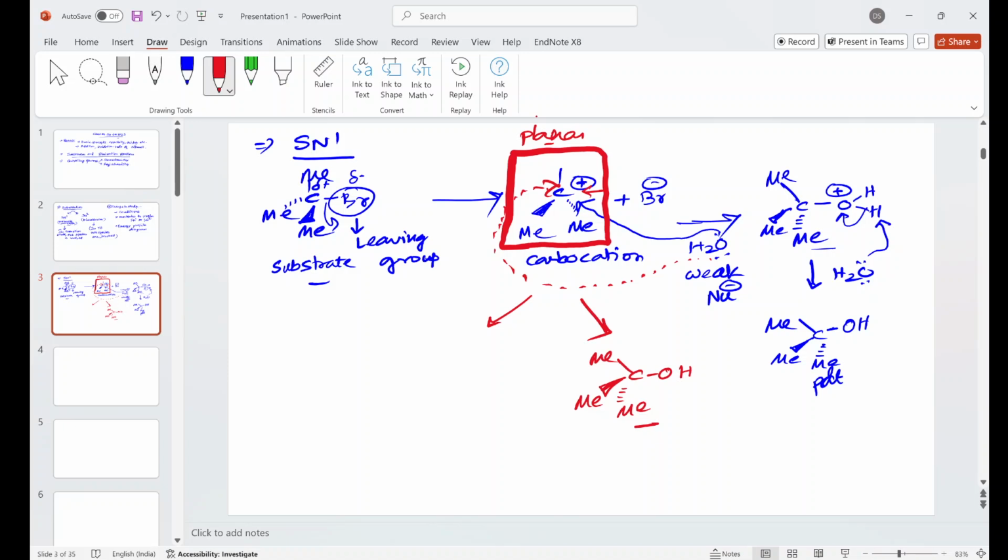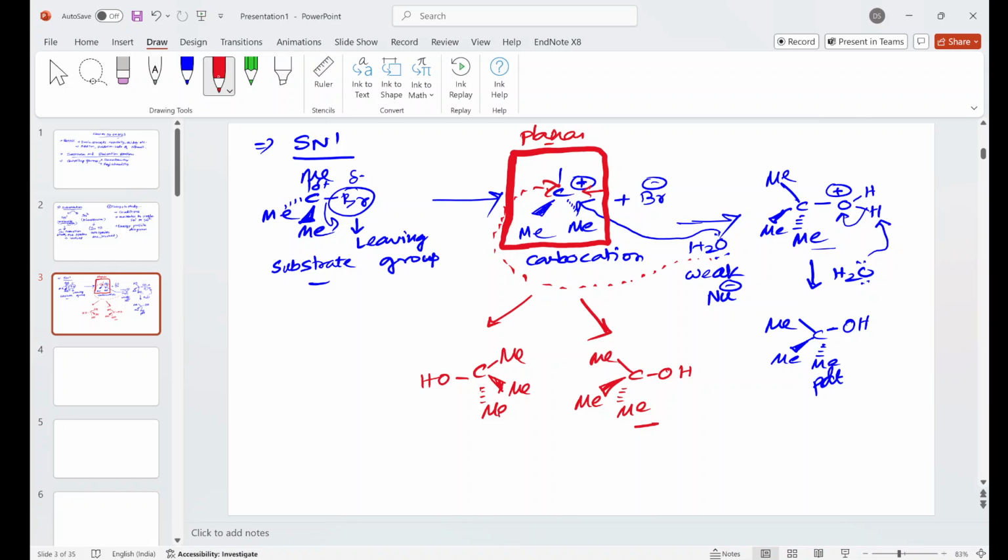This can be formed, and if it attacks from the other side, then you will have the other one.